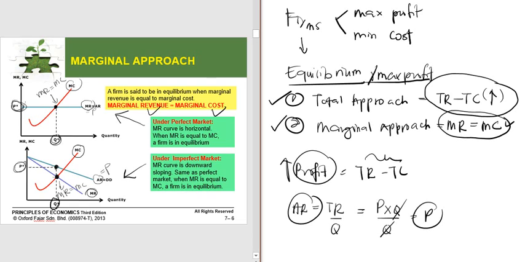Price times quantity, the boxes here, basically indicates the total revenue. This is the area of total revenue, because total revenue is price times quantity. So the yellow shaded area here indicates your total revenue.